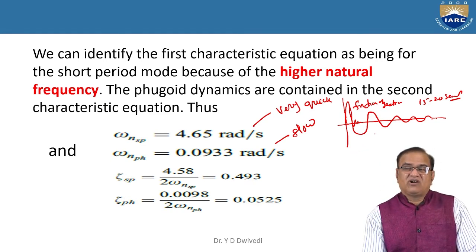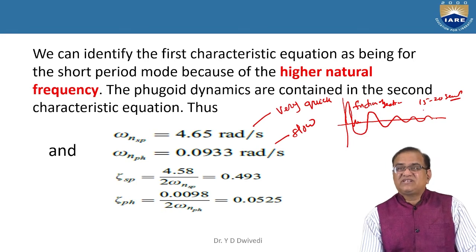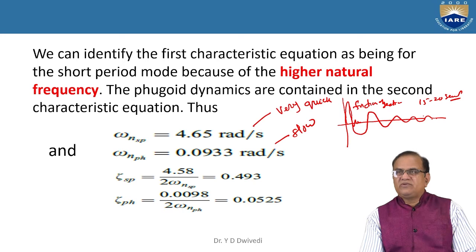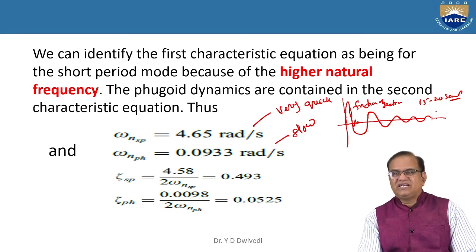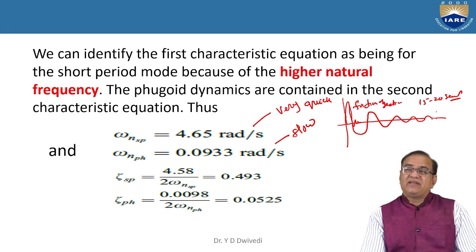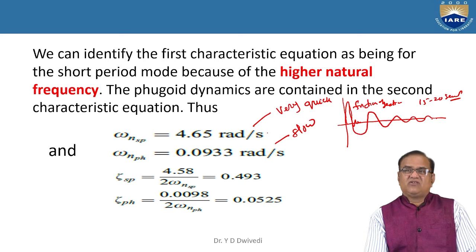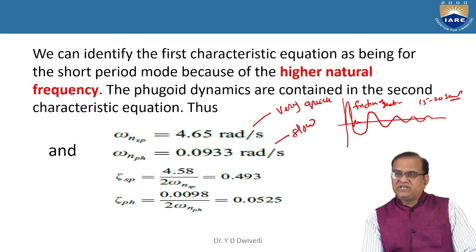And it is a long period or the phugoid mode. It will take sufficient time to reach its equilibrium position. That we have to understand, and this is the dynamic stability. So in the longitudinal case, we have the short period and the long period.